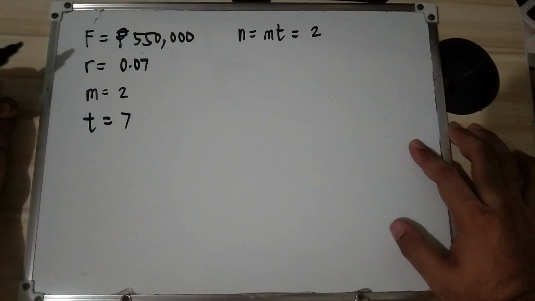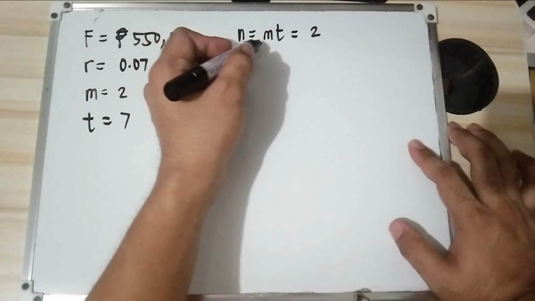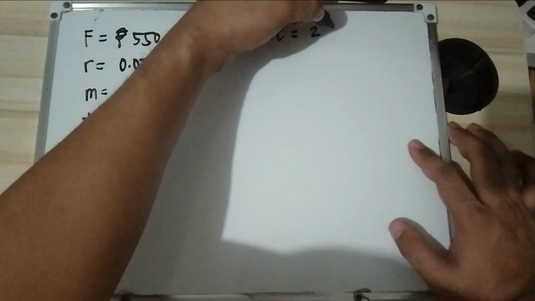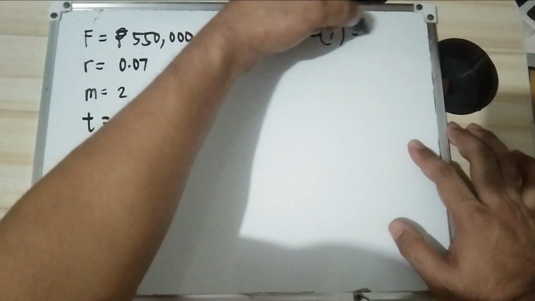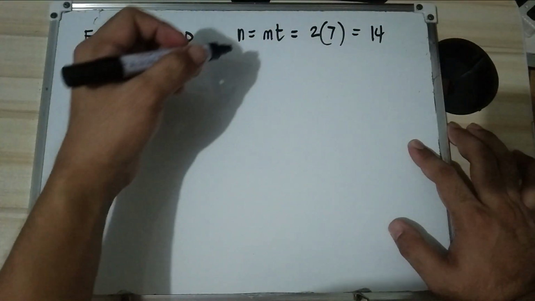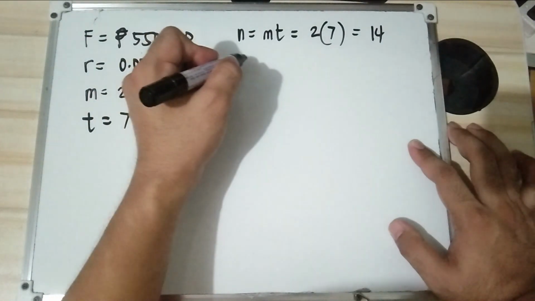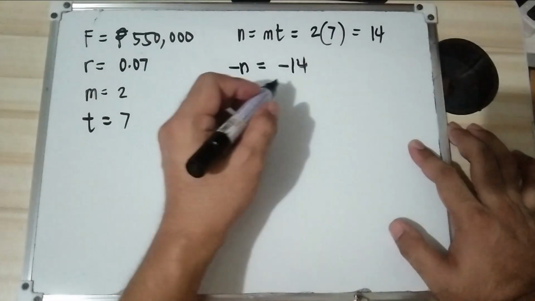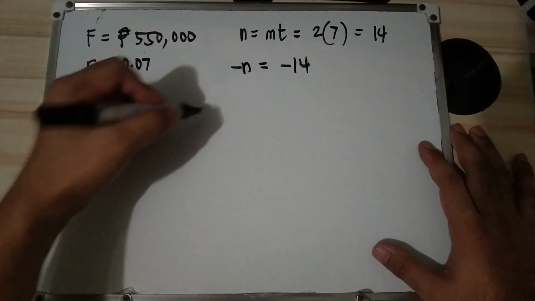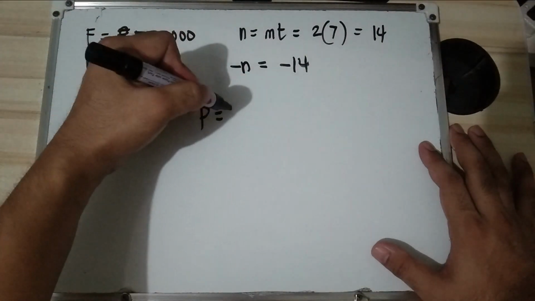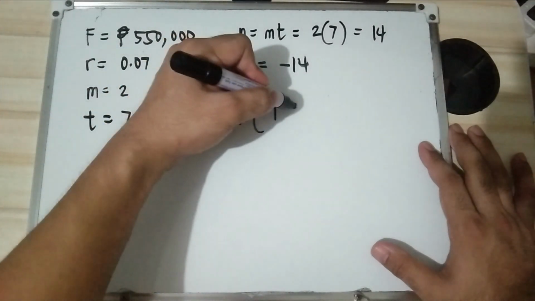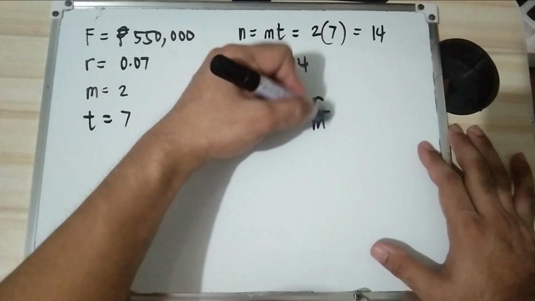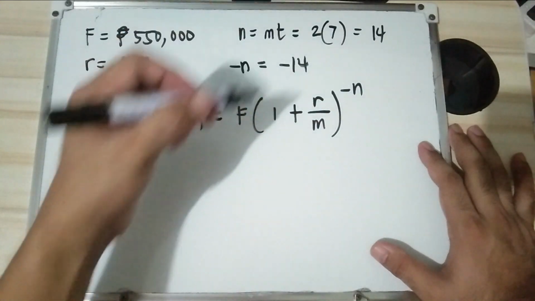Then yung N, M times T. So 2 times 7, that is 14. So since naka-raise sa negative N, negative N is equal to negative 14.